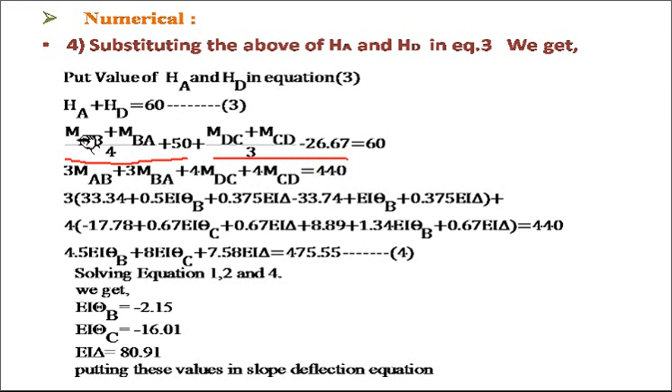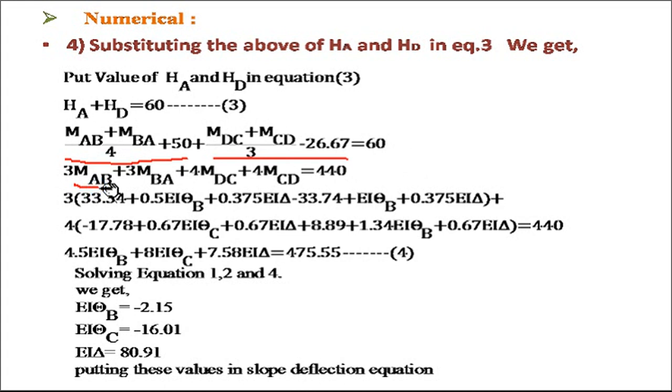Now if we solve this, we'll get the equation 3MAB plus 3MBA plus 4MDC plus 4MCD equal to 450. Now here we have to put the value of the moments.